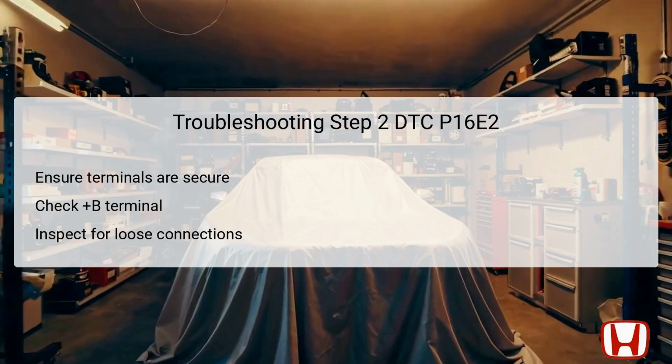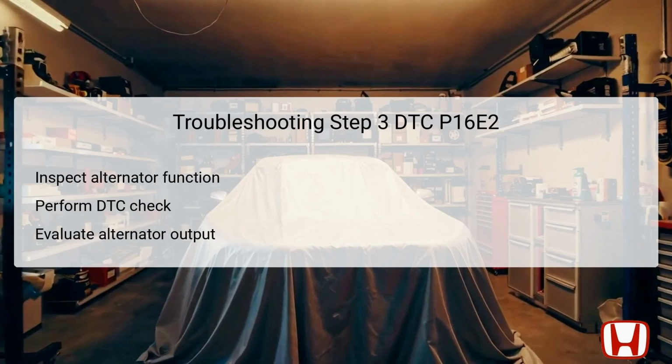or further diagnostic efforts. The third step involves conducting a thorough inspection of the alternator itself to ensure it functions correctly. Initially, perform a DTC check to ensure no new error codes have been generated during previous inspections. If P16E2 is persistent, evaluate the alternator's output voltage and check for any irregularities that could indicate internal failure.